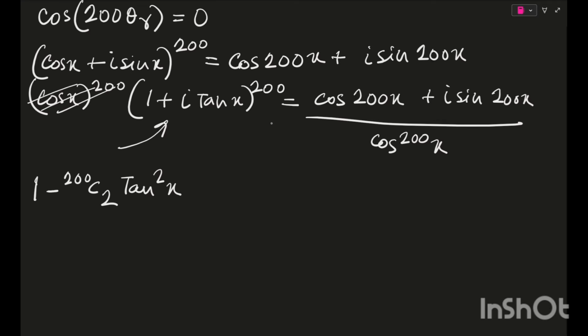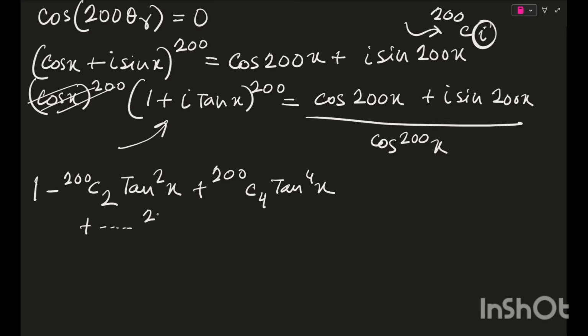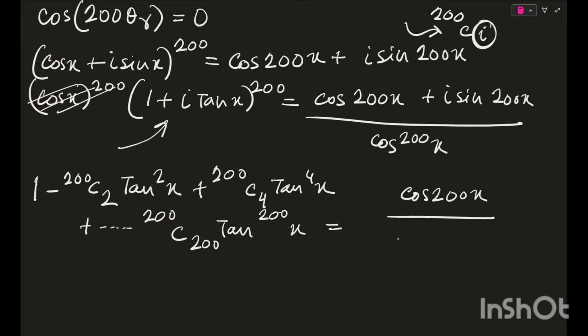The odd terms will be the imaginary ones, so we will exclude them. Wherever this i in 200 ci is odd, we will exclude all those terms. So 1 minus 200 c2 tan square x plus 200 c4 tan power 4x, and this will go on till 200 c200 tan power 200x, and this is equal to cos 200x by cos power 200x.